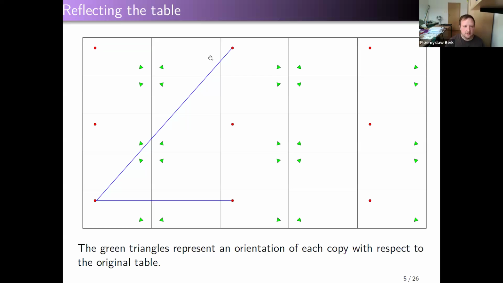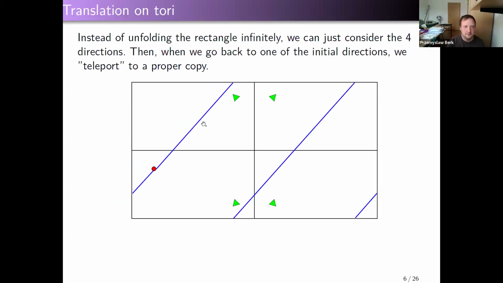So you can take a look, for example, let me see. Yeah, so I took the 4 copies which correspond to the directions. And instead of unfolding this copy further, I've got all the directions that are possible already in this picture in the form of those 4 copies.